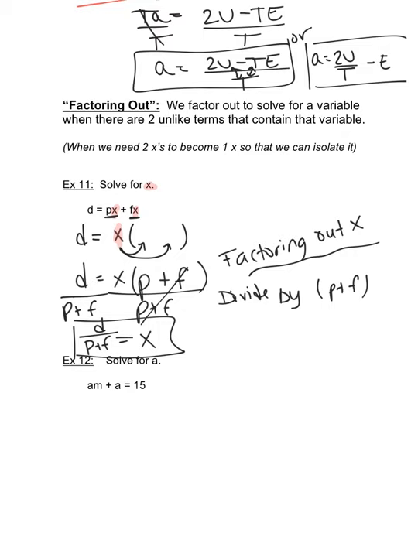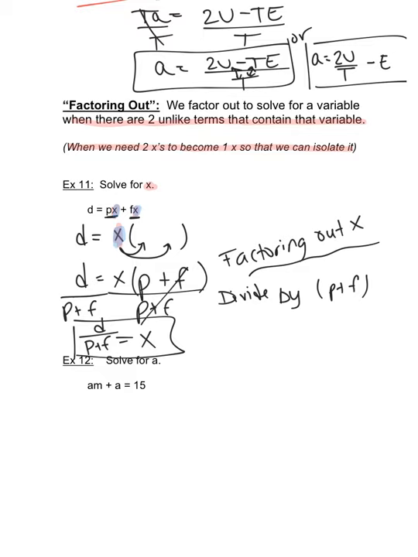It says that we factor out to solve for a variable when there are two unlike terms that contain that variable, when we need the two x's to become one x so that we can isolate it. So again, there were two x's here and here, and I wanted to isolate it, so I factored it out. I put it in front of parentheses and set up a distributive property problem.